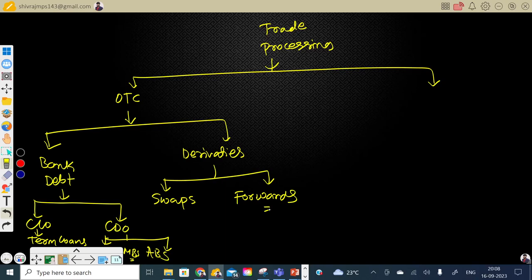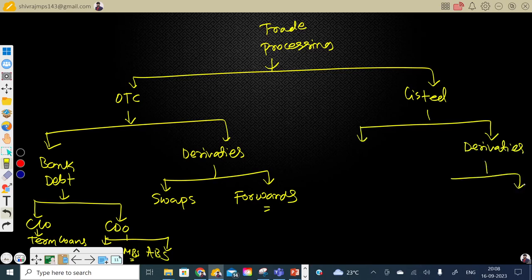If I talk about listed ones, again here you may see derivatives, with a different team for futures and options.